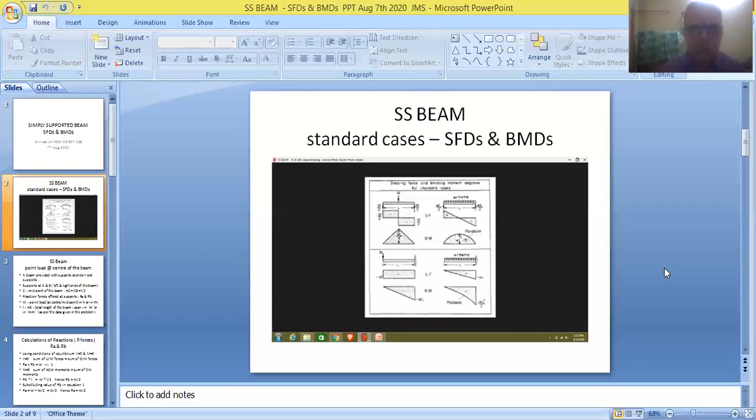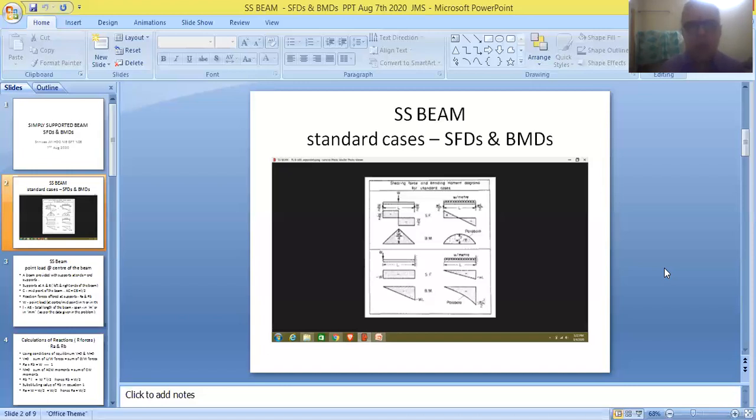So we have to divide the beam into different portions, prepare equations for shear force and bending moments, get the values, and finally construct the shear force and bending moment diagrams.